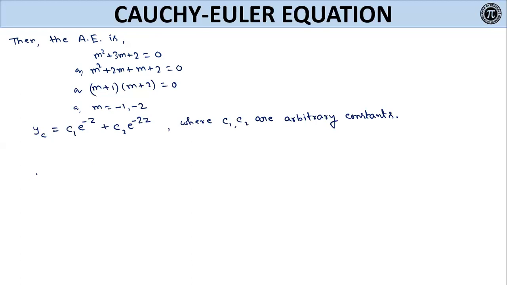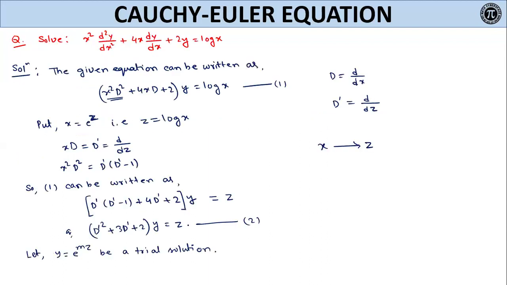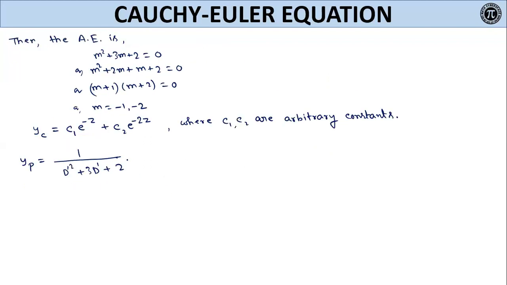Now you have to find yp. The particular integral yp is equals to 1 by (D dash square plus 3D dash plus 2) into the right side. Here the right side is z, because I am solving equation number 2, so the right side is z.